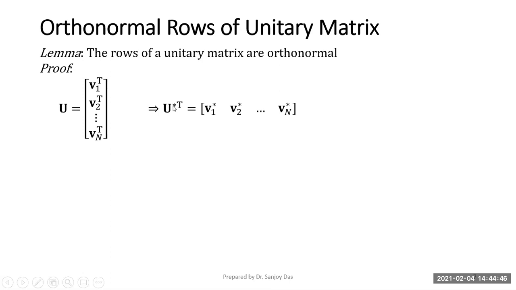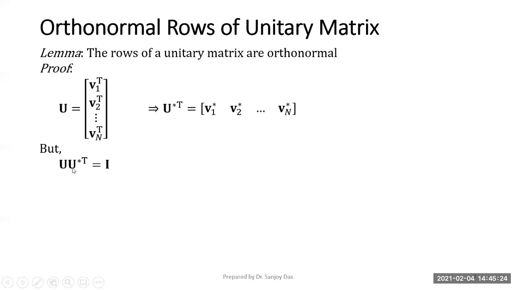Whence U star transpose is, first of all, I do the transposition of this one. So all these row vectors become column vectors, and then this block column vector becomes a row vector. And then let's not forget the complex conjugate operations too. So I get V1 star, V2 star, all the way to Vn star. So if this is U, then this is U star transpose.